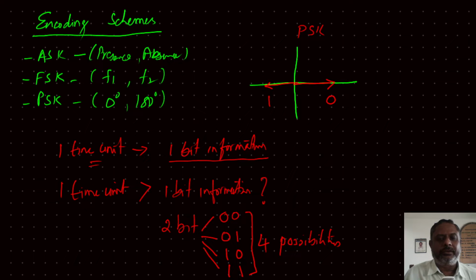So for 1 bit, it is either 0 or 1. Therefore, presence or absence, F1, F2, 0 or 180 degree could solve this problem. But when it comes to 2 bits at a time, we can speed up the transmission by 2. So instead of sending 1 bit, you are sending 2 bits in 1 period.